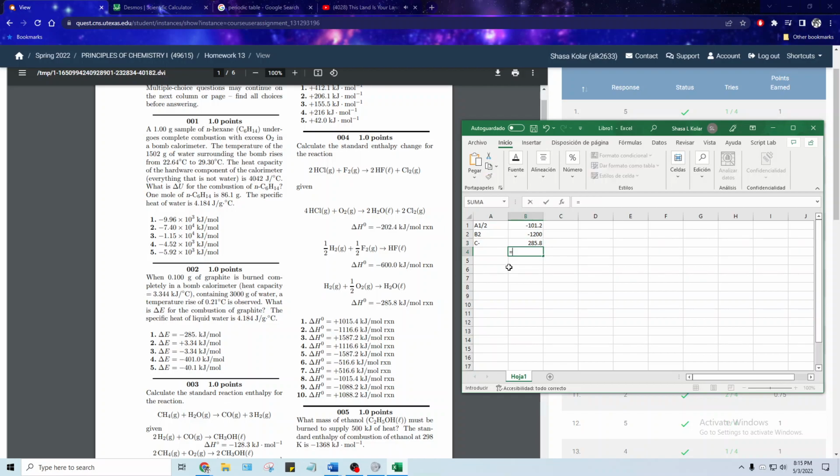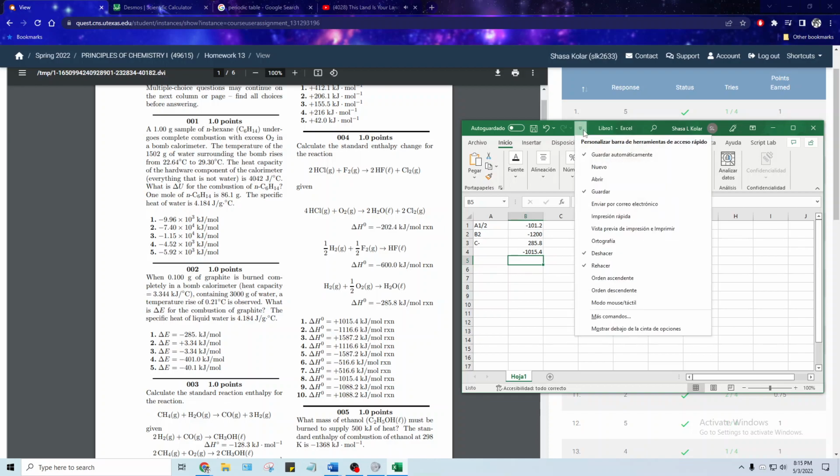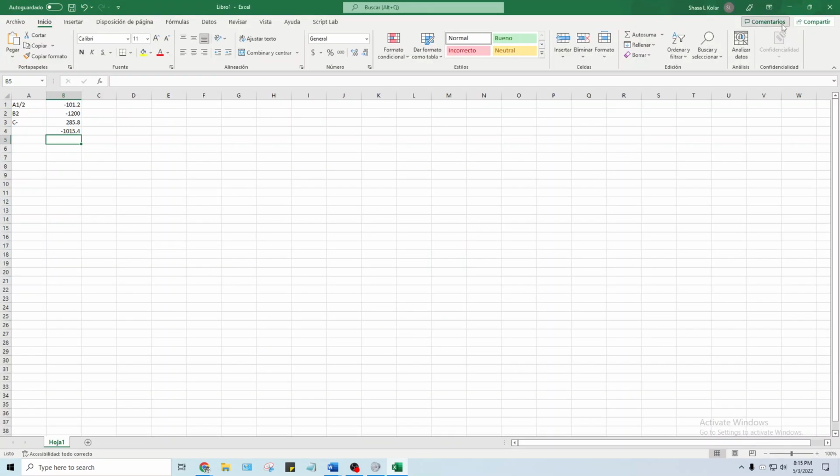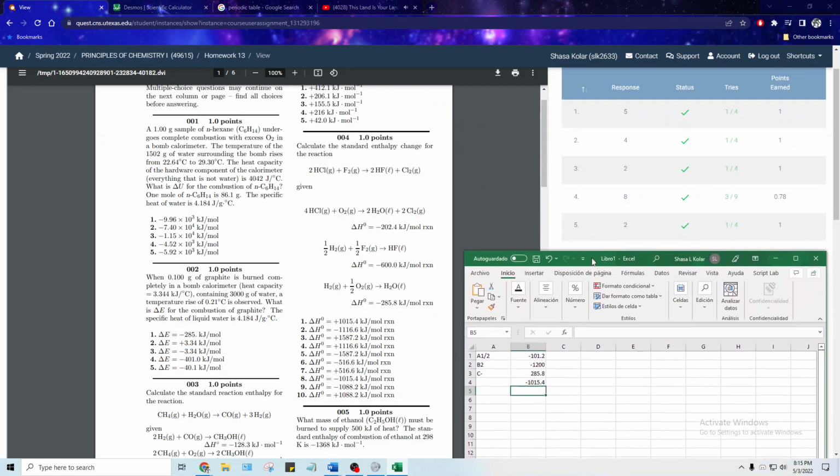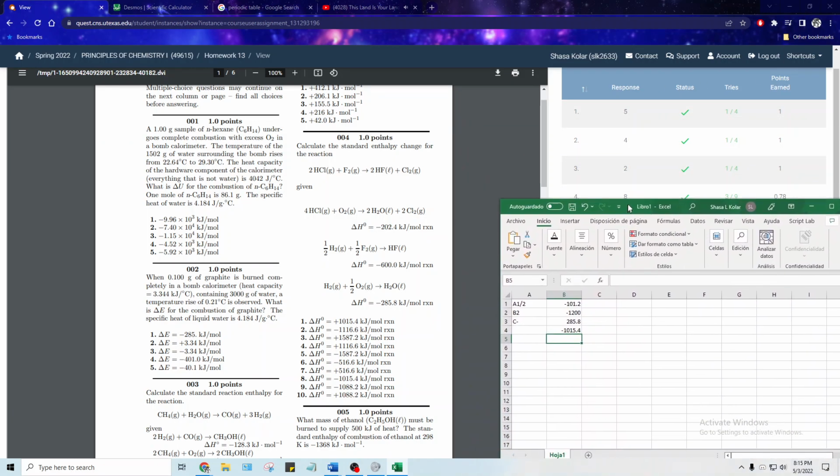And then we're going to add them all up. These ones. Enter. And we get negative 1015.4. Negative. And that will be number 8, which is, oh, not that button. 4 is 8. Yep, there we go.